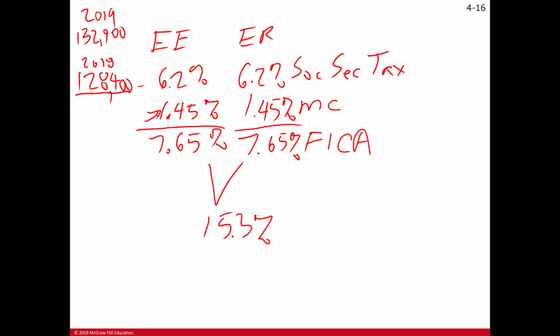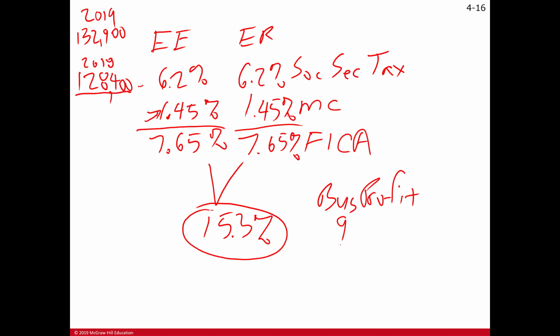If you're self-employed, you don't get to have these taxes paid by anyone because you're not an employee. You're self-employed and you have to pay this on your own. So you take your business profit from your Schedule C, and the IRS gives you a break. They don't tax the whole thing. They bring it down to 93.25%.